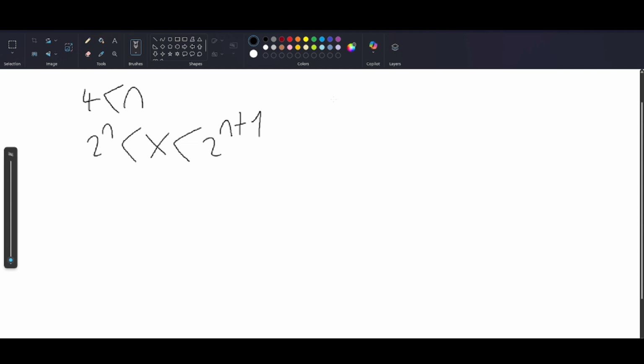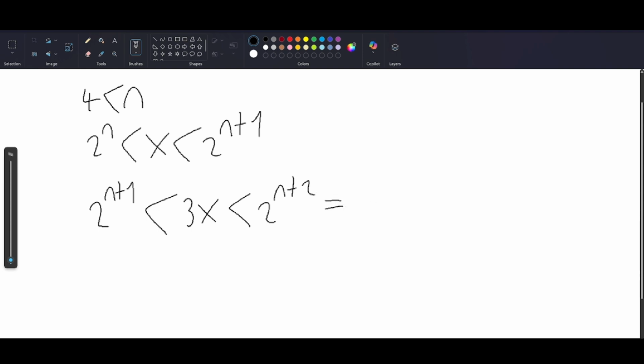We are given that this is true, and we want to know how many x values exist in this range such that 2 to the m plus 1 less than 3x less than 2 to the m plus 2 exists.